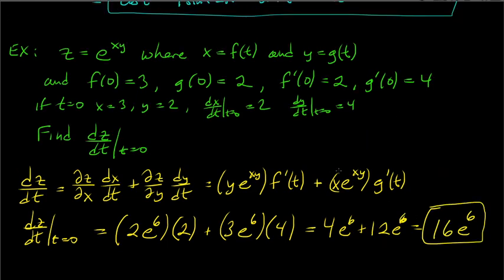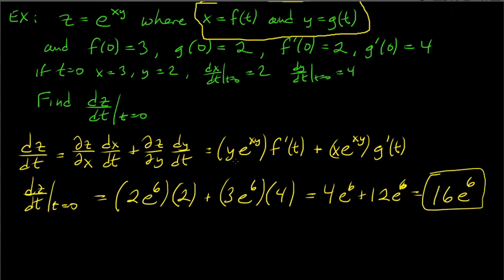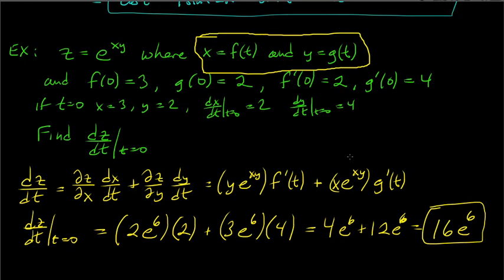Okay? So, yeah, right, because we're not given x and y explicitly in terms of t, we have no idea what those functions are. The best we can do is just use these numerical values and substitute them in using the chain rule. Like I say, there might be another way.